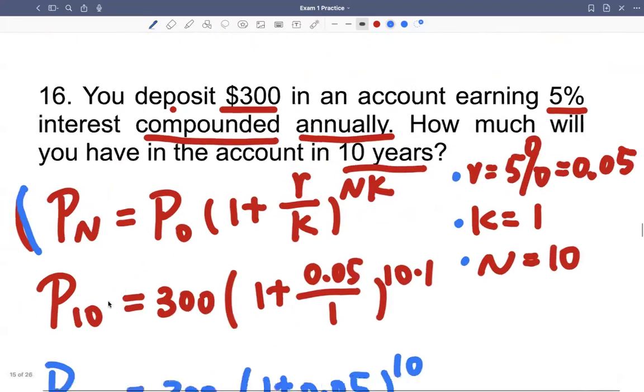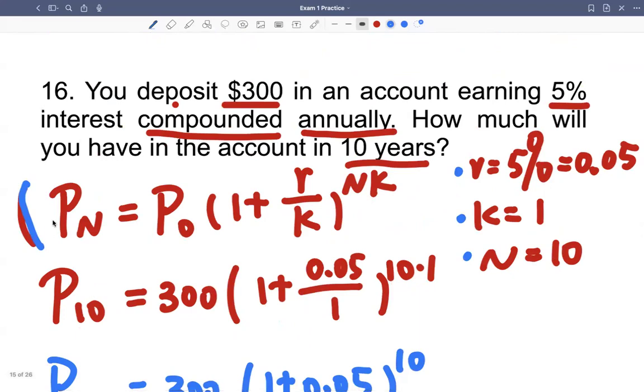So let's go back to the review. We invested $300 in an account. The account earns 5% interest compounded annually. How much will we have in the account after 10 years? So we identify the interest rate R is 5%, which is 0.05.